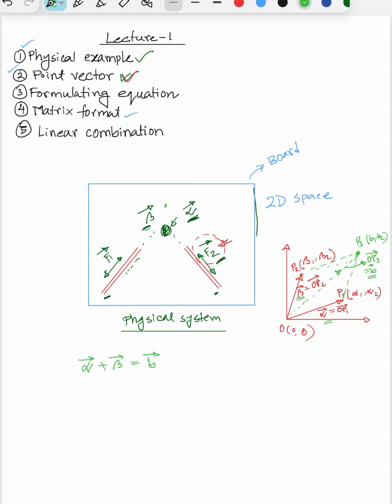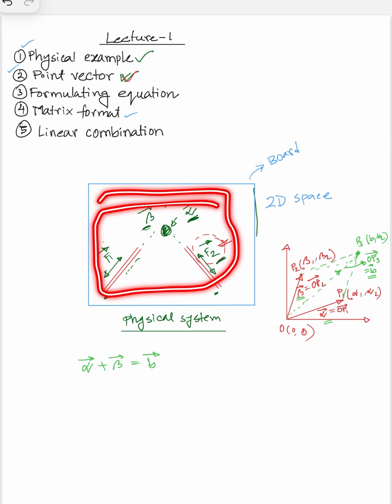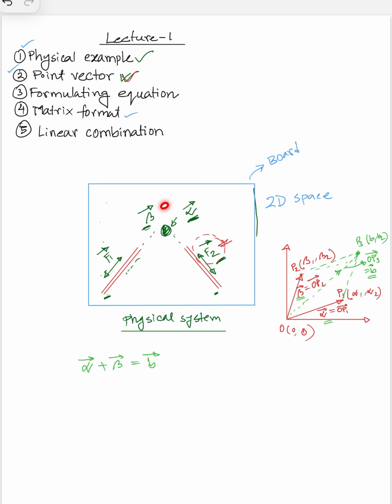But it might happen in a real case that we want to achieve any point in this 2D plane, which might be this point P or might not be this point P. So in that case, the forces need to be adjusted.